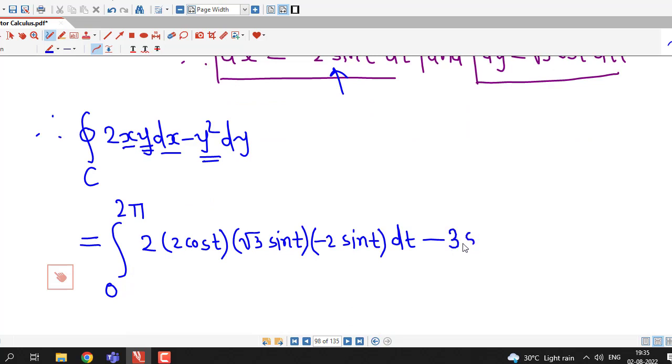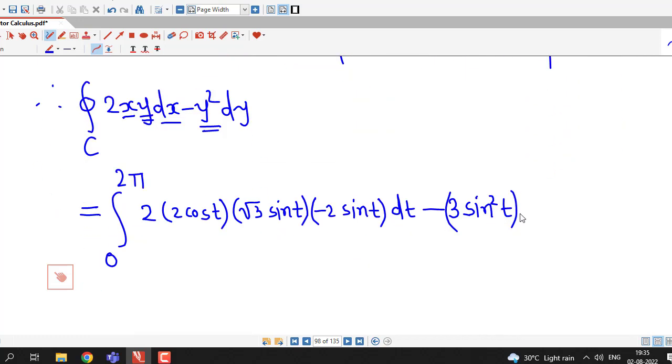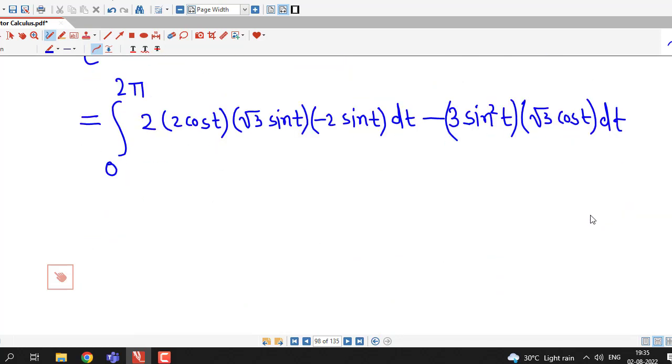So here we write 3 sin² t for y square, and dy is √3 cos t dt. So here we write √3 cos t dt, and we simplify all these things.